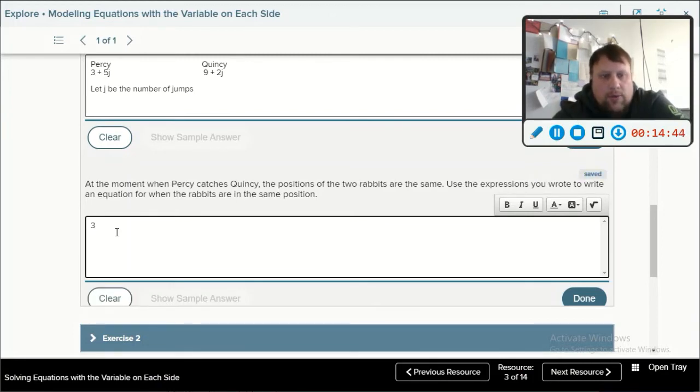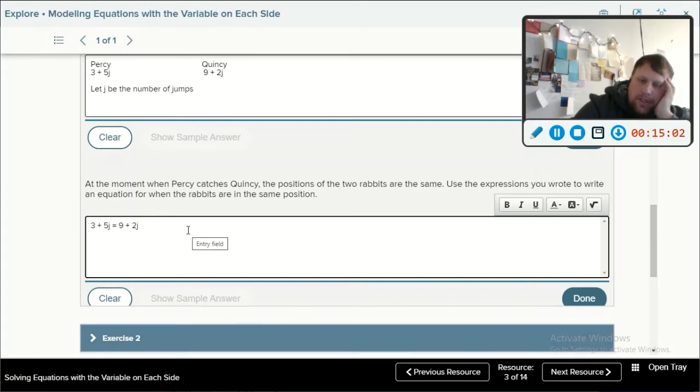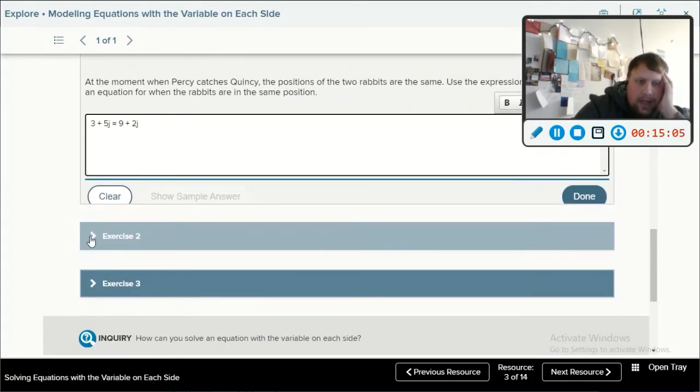So I would write 3 plus 5J equals 9 plus 2J. I'm typing this in because I think it's a little easier to see. But keep in mind we're setting them equal to each other, and then we just simply solve that.